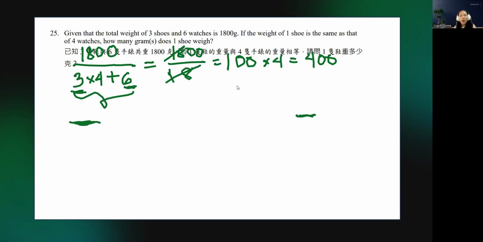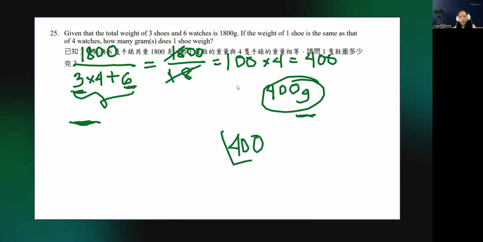So the weight of the shoe is 400 grams. You don't need to put grams because it's already shown in the problem. You have questions for this problem? Question.